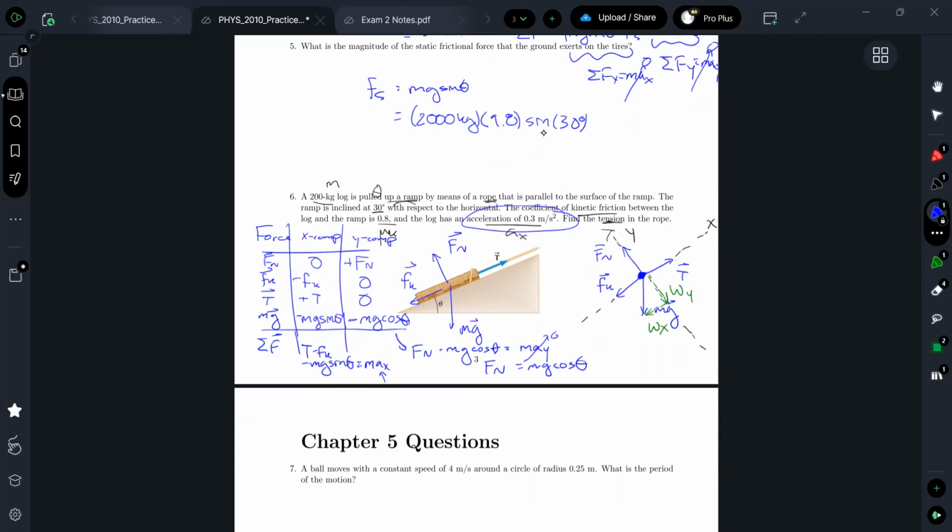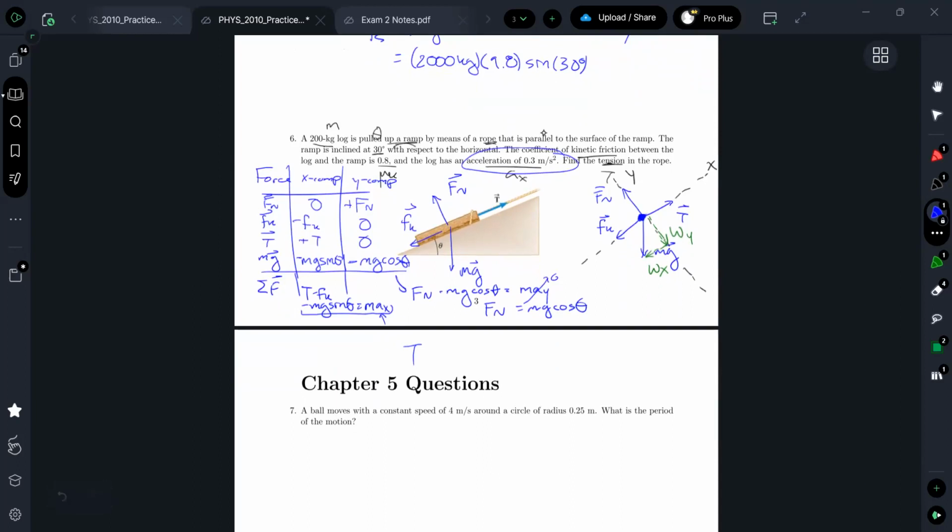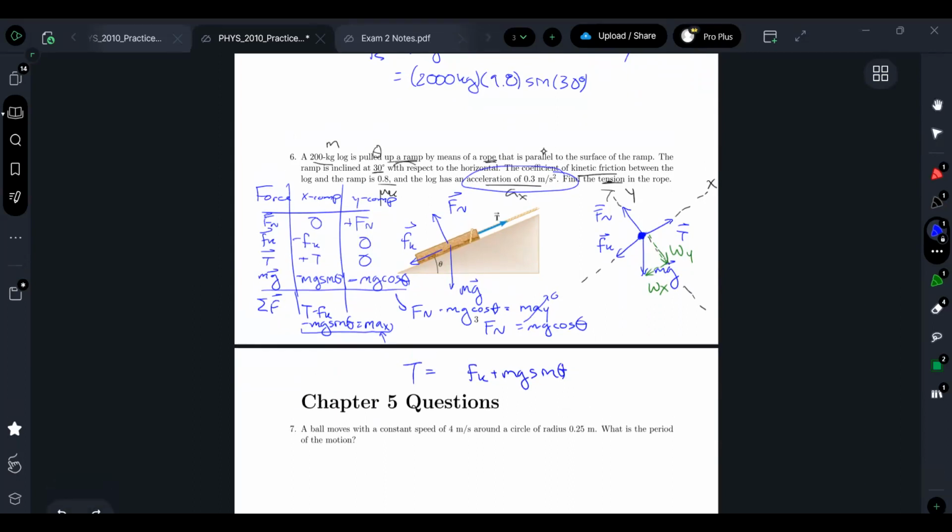Okay, now I'm at a stage where I look at what I have to find tension. This equation right here has tension. I'm going to jump down into this margin down here. So that equation tells me T equals Fk plus mg sine theta, and whoops, plus max. So I'm moving everything that's not tension over to one side.